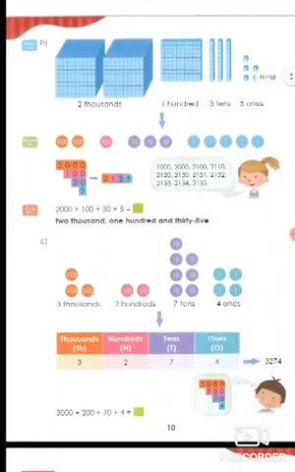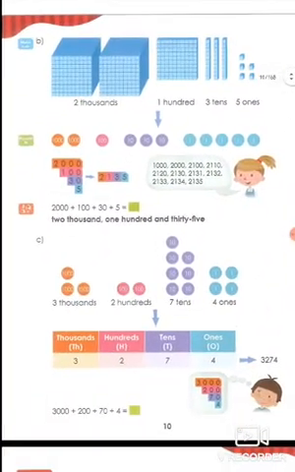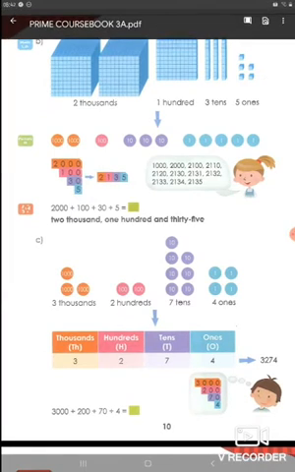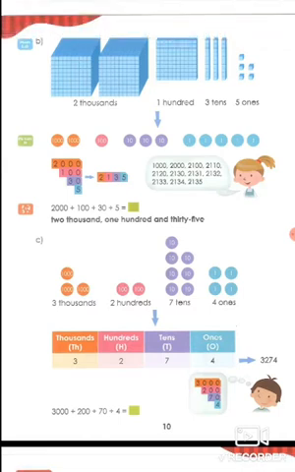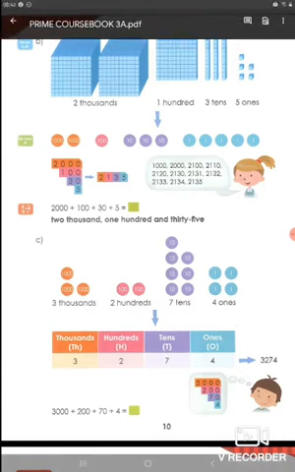And then here's our first big number, 2,135. There's 2 thousands, 1 hundred, 3 tens, and 5 ones. You see, if you write them, 1,000 plus 1,000 is 2,000.